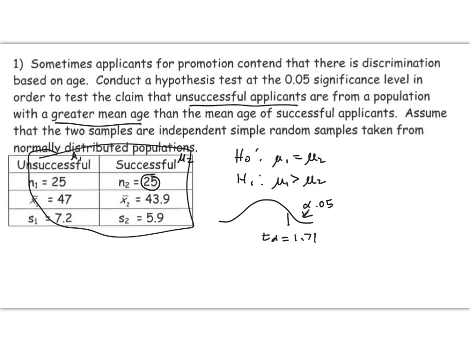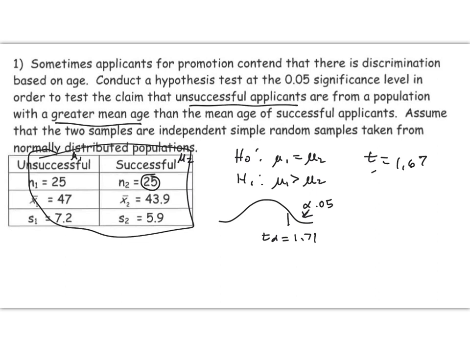So my first mean is 47. My first standard deviation is 7.2. I have 25 people in my sample, and then mean 2, my successful group, is 43.9. The standard deviation is 5.9, and I have 25 people in that group as well. And I am doing a right tail test. I'm not pooling it, and I hit calculate, and I get a t-score of 1.67.